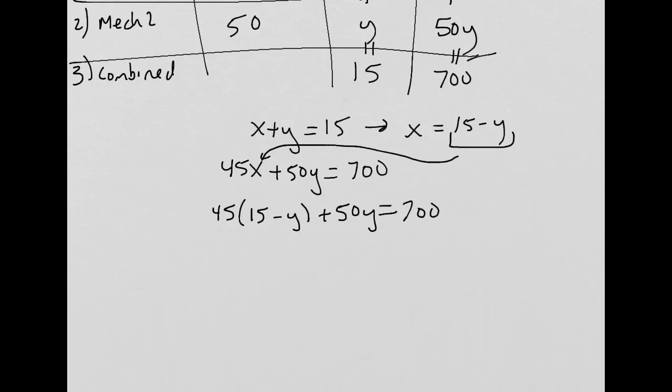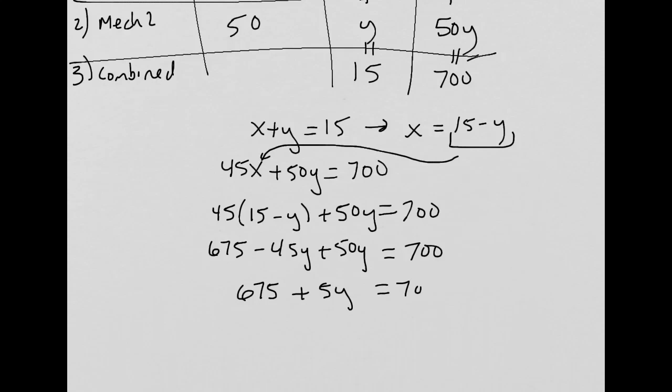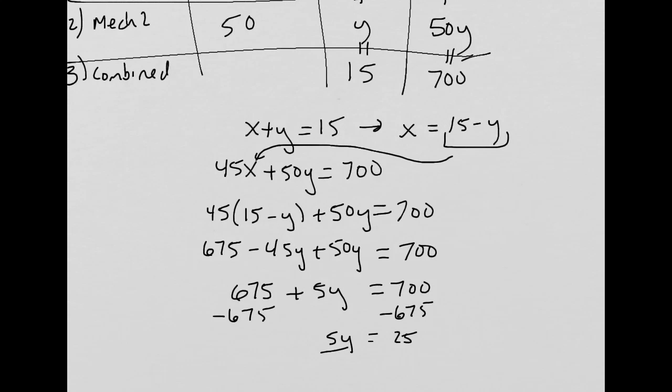Distribute through, so 45 times 15 is 675 minus 45y plus 50y equals 700. Combine like terms gives us 675 plus 5y equals 700. Subtract 675 from both sides gives us 5y equals 25. Divide both sides by 5 gives us y equals 5.